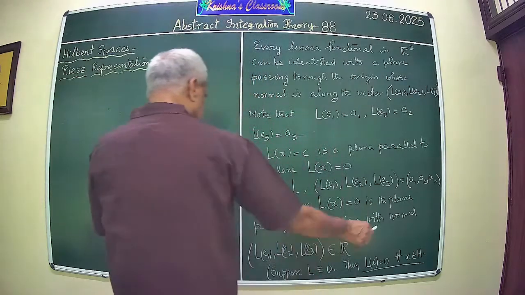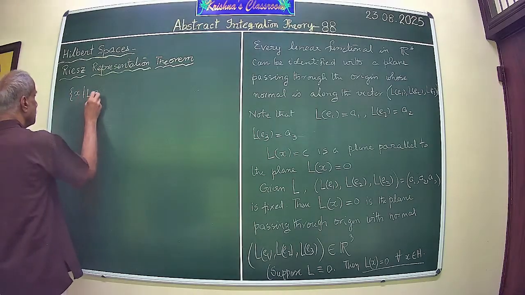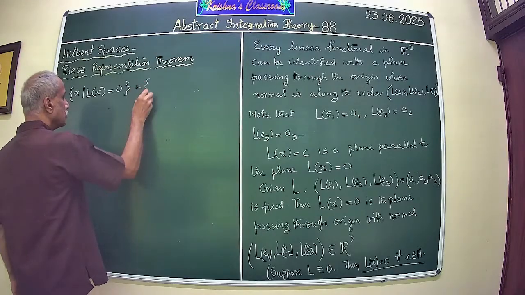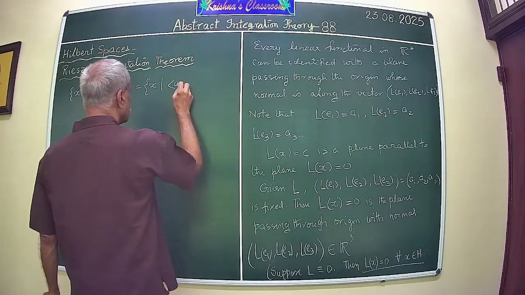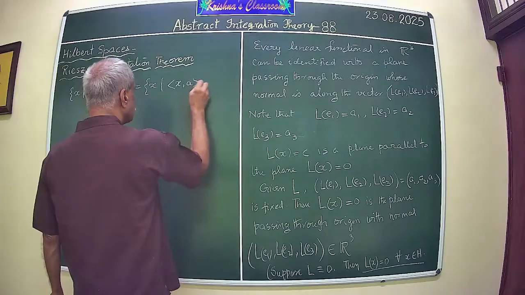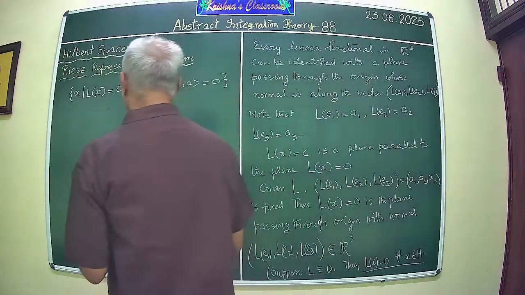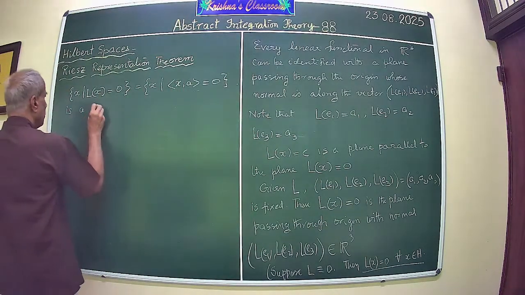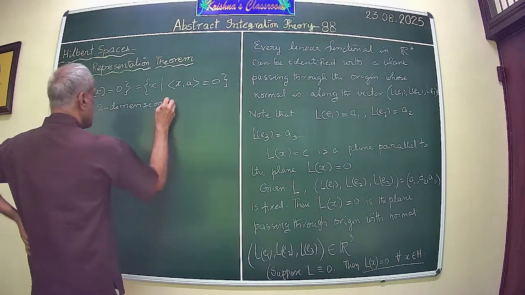Okay. So you see that the set of all x such that Lx equal to 0 is a two-dimensional subspace of R3.